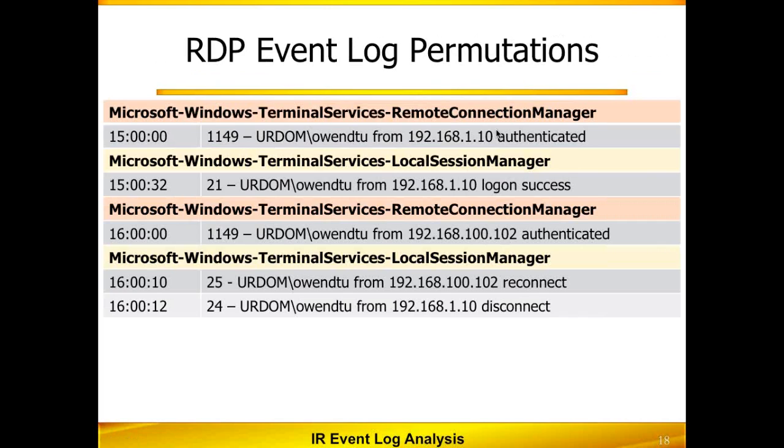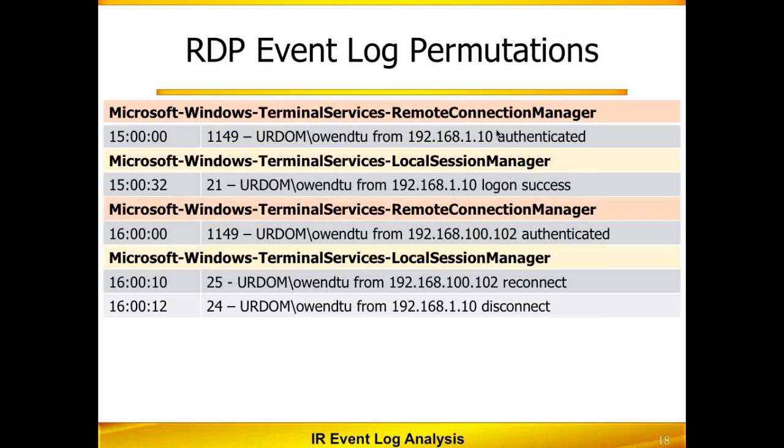And by the way, I've seen the Windows event logs log the 24 and 25 events in either order. There doesn't seem to be much rhyme or reason for which one gets thrown down in the logs first. But this is a typical pattern where you have maybe multiple attackers using the same credential or the same attacker coming in through multiple systems.